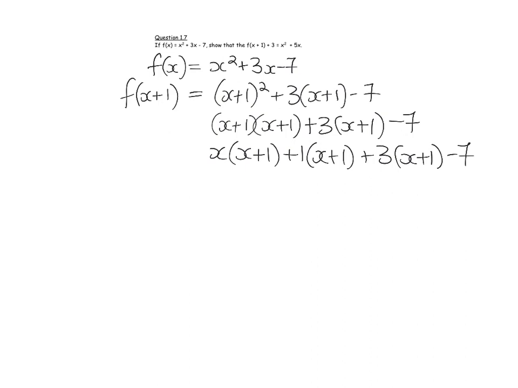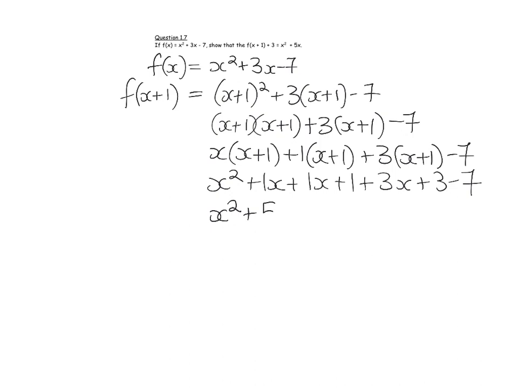Now I'm going to figure out what this is. So x by x is x squared plus 1x plus 1x plus 1 plus 3x plus 3 minus 7. And then you can tidy all that up and you'll be left with x squared plus 5x minus 3. Yeah, so that's what f of x plus 1 is.